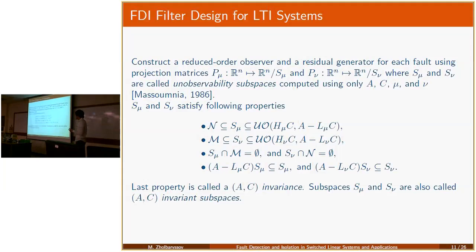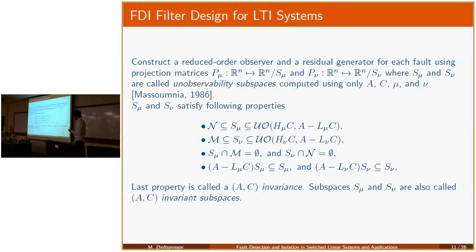Those unobservability subspaces satisfy 4 fundamental properties. The first 3 properties we can recognize. They ensure that each fault disturbance shows up in its corresponding residual generator, but does not show up in the second one.